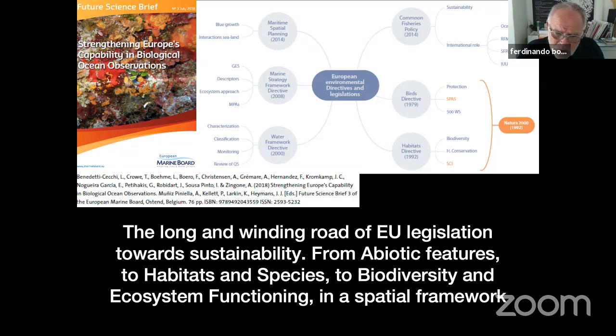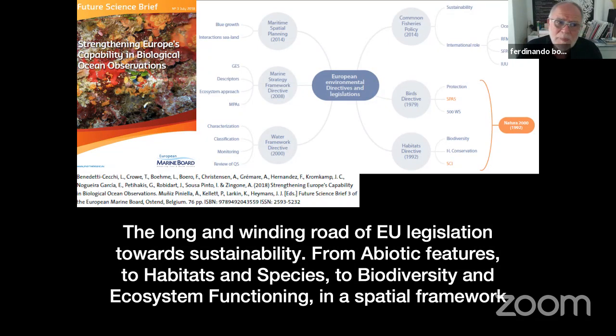And the few marine habitats are all benthic surfaces. The volume is not taken into consideration. In the Marine Strategy Framework Directive, biodiversity and ecosystem functioning framed into a space become the things to look at if we want to understand, preserve and manage the ocean.